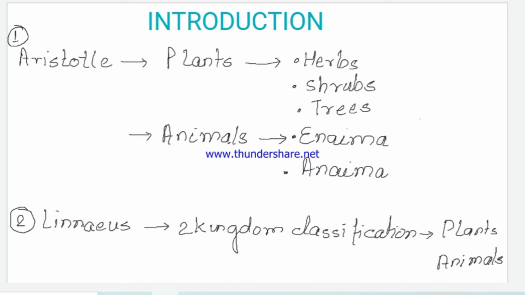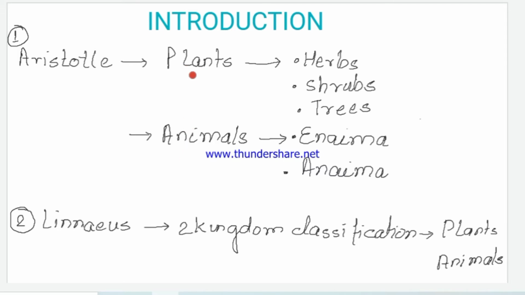Like, the first attempt to classify organisms was made by Aristotle. What did he do? He classified the whole lot of organisms into plants and animals.